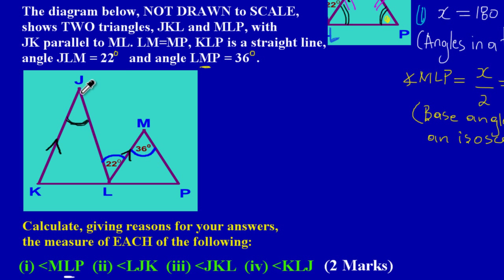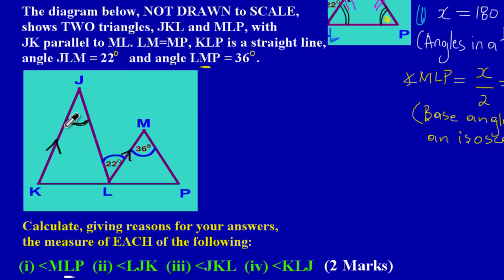Now, given the fact that the line segment JL intersects the line JK and the line LM, at the point L, and it intersects JK at the point J, then we have a pair of alternate angles, my friends. So it simply means the angle at the apex that they're asking us to find at J would be the same size as the angle at the point L down here.